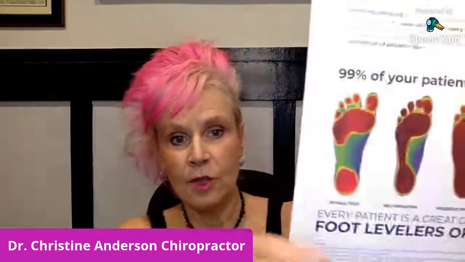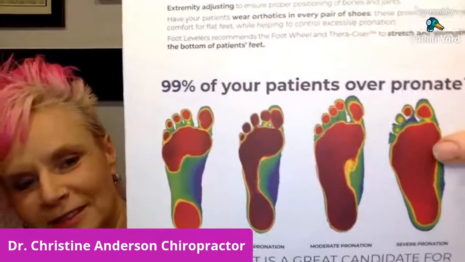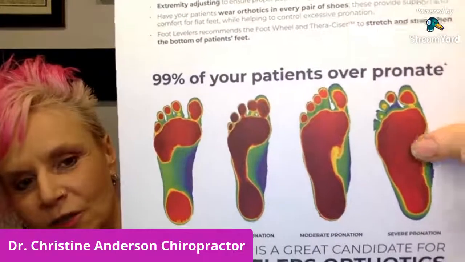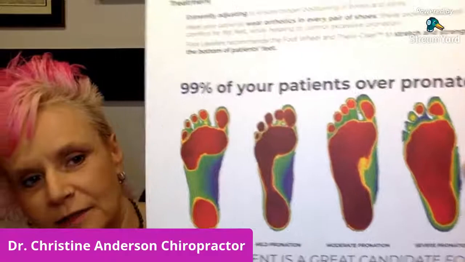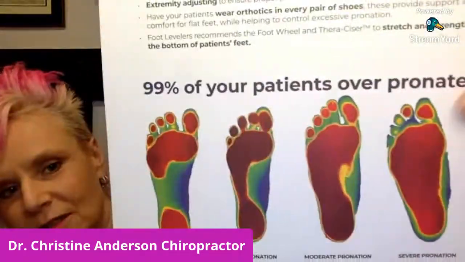Okay, so this is the proverbial flat foot. So just no arches. That red is where the weight is. So this is optimal right here. And this arch is totally fallen down.